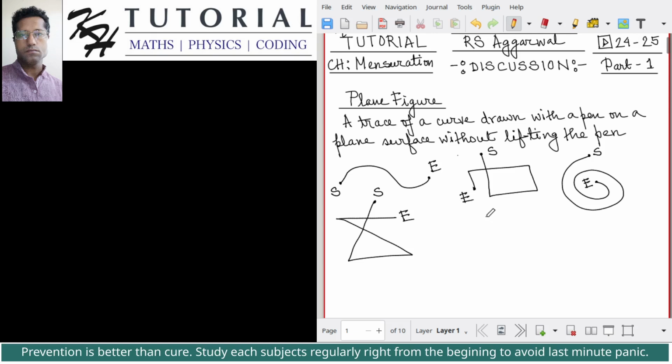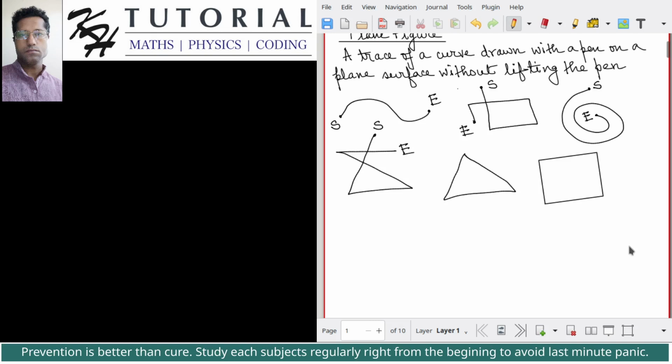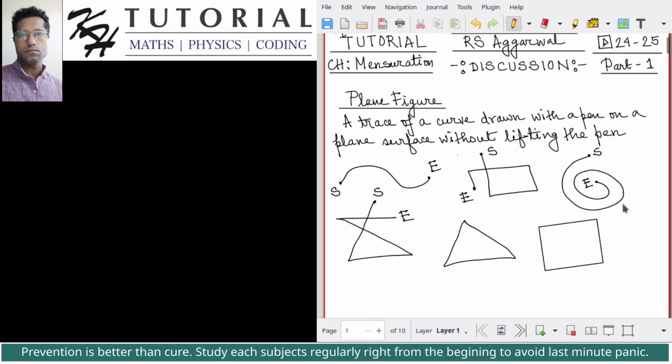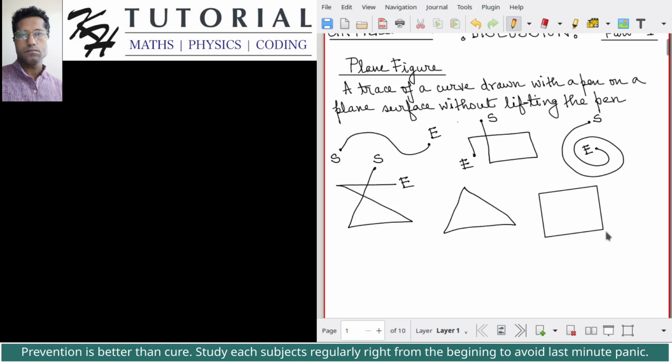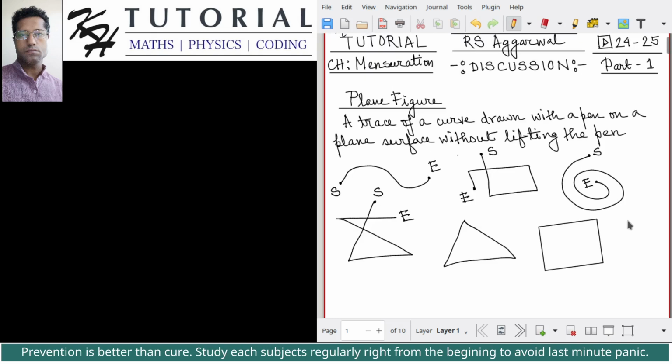Now let me quickly draw a few more plane figures. This is a plane figure. This is a plane figure. Now this software recognizes the shape, so it automatically reshaped the figure I drew as a square.